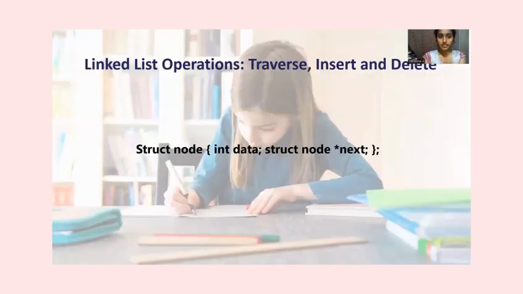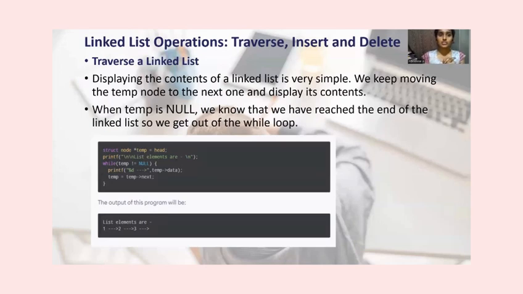This is a basic syntax or program to initialize the traversal. Traverse a linked list. Displaying the content of a linked list is very simple. We keep moving the temp node to the next one and display its content. When temp is null, we know that we have reached the end of the linked list, so we get out of the while loop.